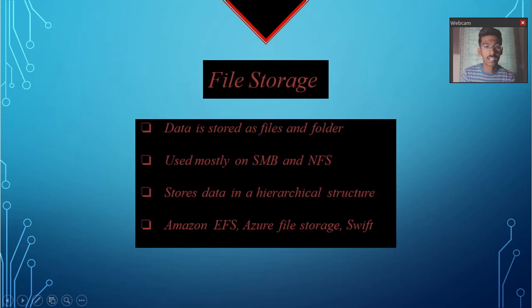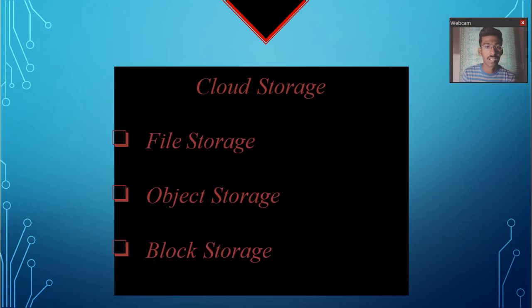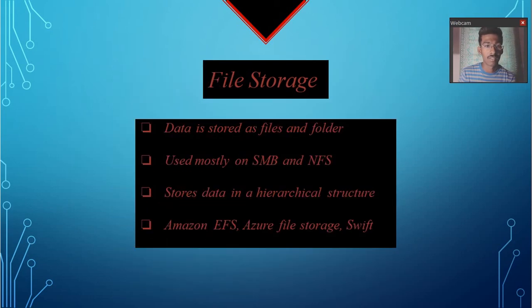So in cloud storage, we have three types: file storage, object storage, and block storage. Coming to file storage, data is stored as files and folders, mostly on SMB and NFS. It stores data in a hierarchical structure, like Amazon, Azure File Storage, and Swift.